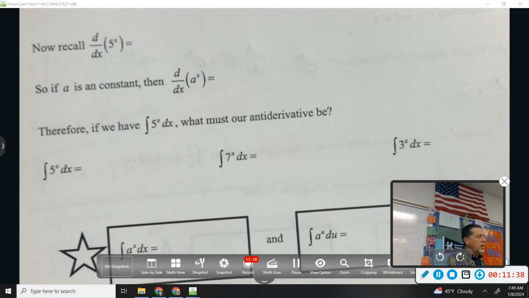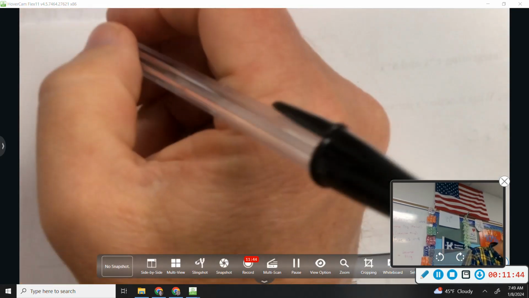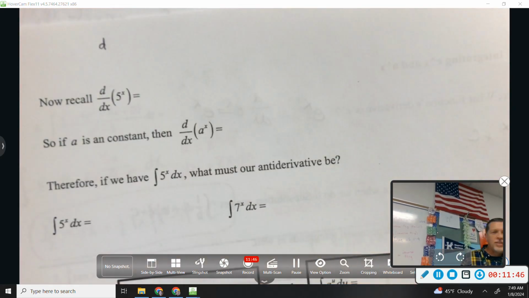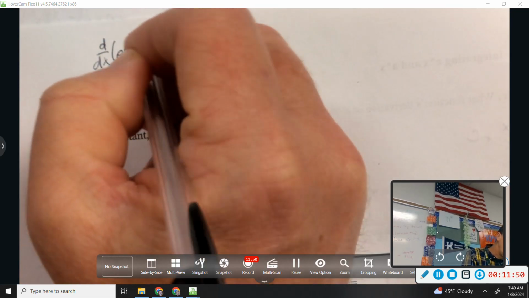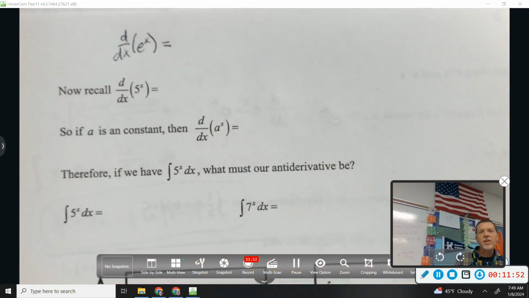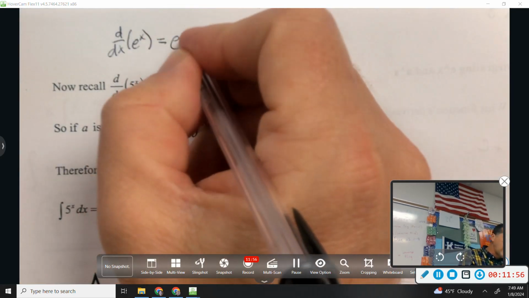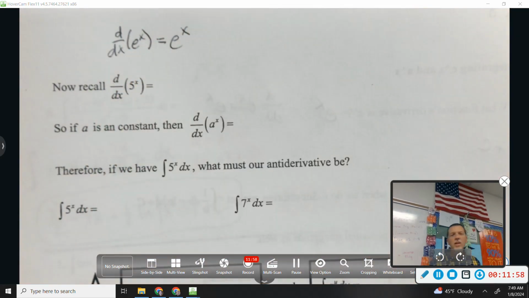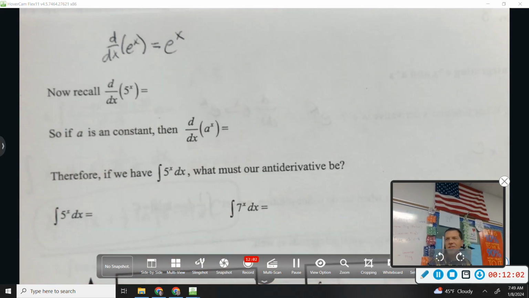All right, that was all our e to the x problems. Let's add an extra line up here to the top of this page. We said this already, but just to remind ourselves, the derivative of e to the x is e to the x. But what's the derivative of 5 to the x? Do you remember? There's like an extra piece tagged onto the end of that.